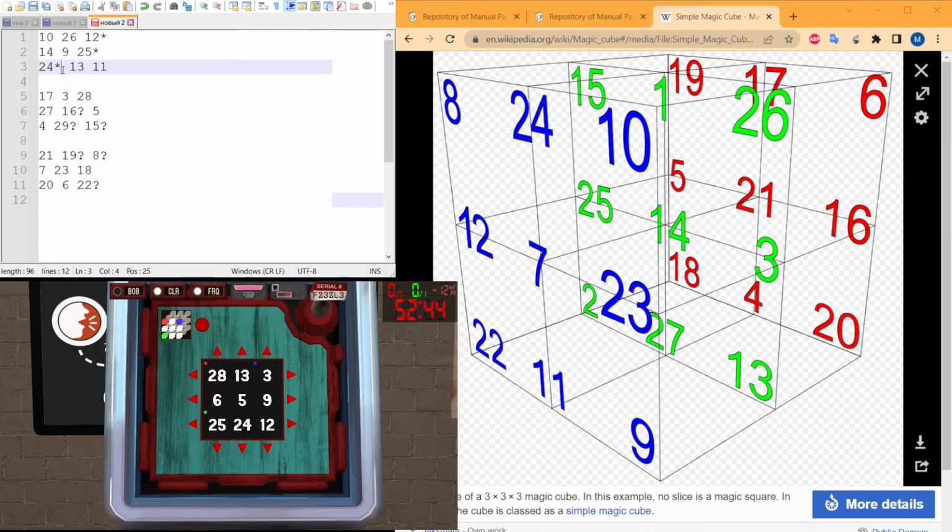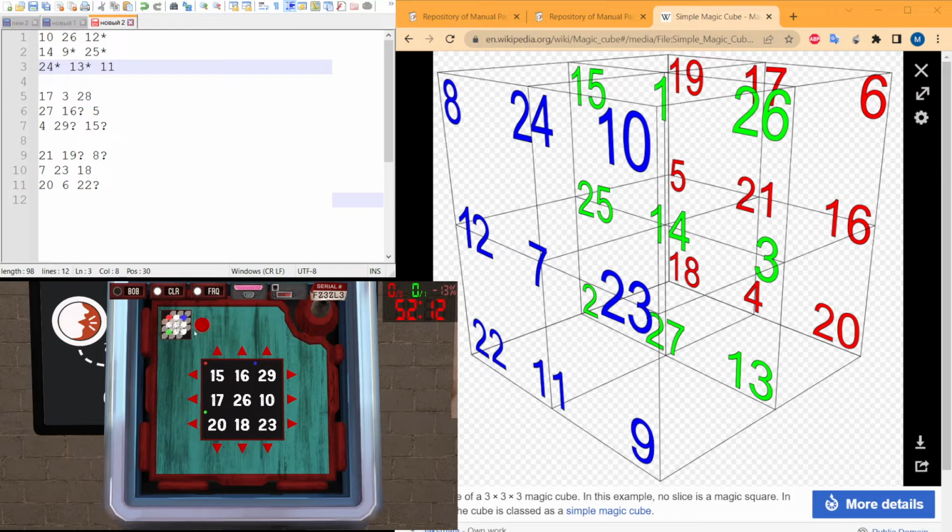And in addition, you can also see if there are any numbers already in this square. So 9 is already here, 6, 5, 28, 13 is here, but it's on top row. We should move it to the middle row. Do this. Okay, 13, 9, 5, 3, 6, 28. I believe that's it. Yeah.